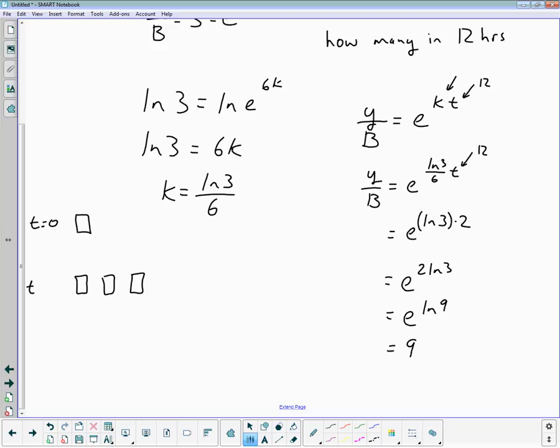In 6 hours, that one glob tripled, right? In 6 hours, each guy triples. In 12 hours, this guy is going to triple, this guy is going to triple, and this guy is going to triple, leaving me 9 guys. 9 times my population, which is what we saw. So it should intuitively make some sense.